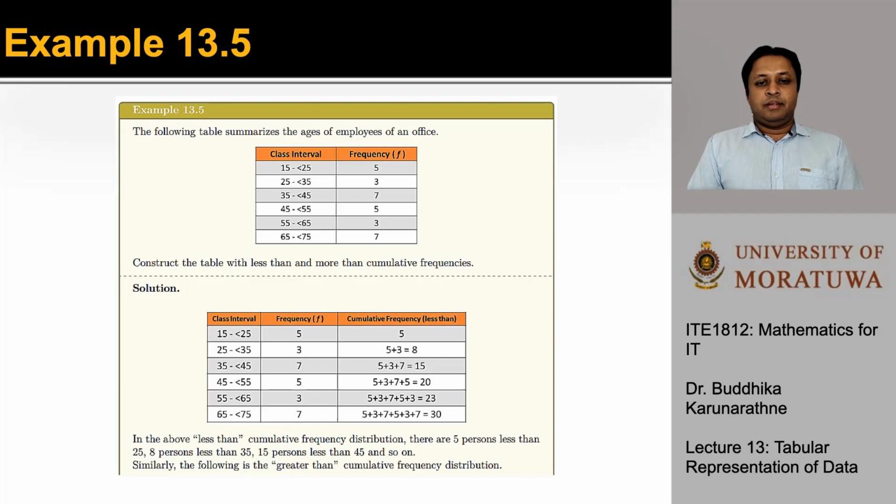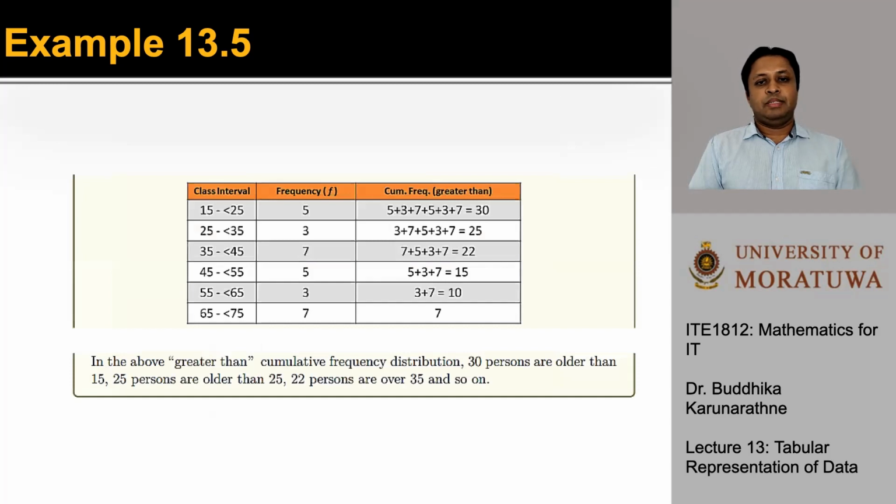Similarly, you can also derive the greater than cumulative frequency distribution. This time, you start from the bottom. So you start from 7, 7 plus 3, 10, 10 plus 5, 15, 15 plus 7, 22, and so on.